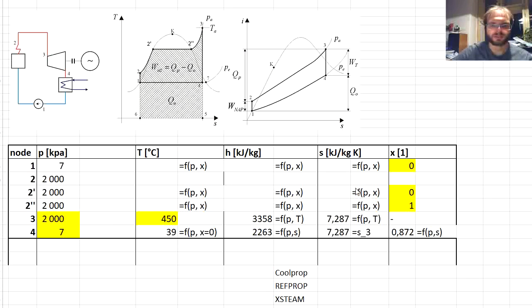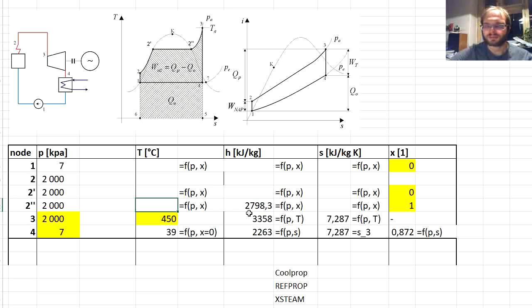So let's fill these values into our table, where first for the point 2 double prime, the enthalpy was estimated as 2800 kilojoules per kilogram. The exact value is 2798.3, so you can see we were fairly close.